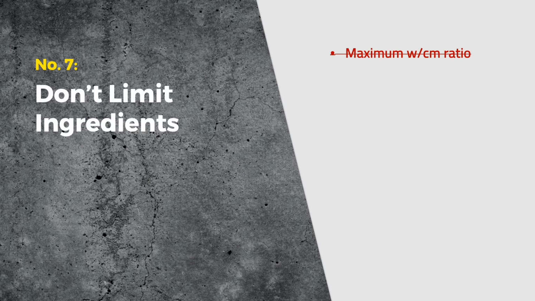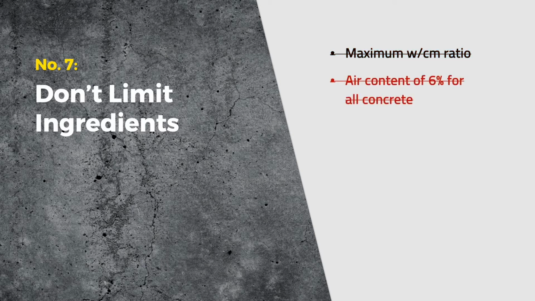In most cases, requiring a water to cementitious materials ratio is unnecessary and drives up cement content. There are times when a maximum water to cementitious materials ratio makes sense, mostly for cases of concrete exposed to freezing and thawing, but it is not necessary to call it out in the specification.